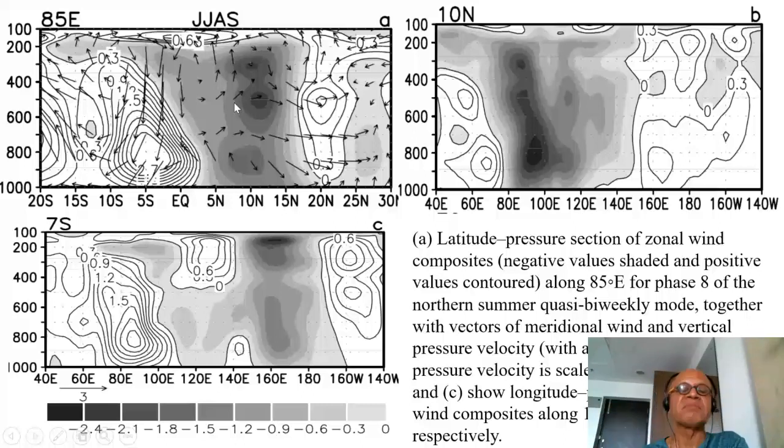If you don't know what that means, basically the vertical coordinate in the atmosphere typically tends to be pressure, because it's a nice way to project onto the naturally varying vertical structure of the atmosphere. And then the equations provide you vertical velocity in the pressure coordinate, which obviously tends to be much smaller than the meridional and zonal velocities, so you tend to scale it to put it on the same diagram.